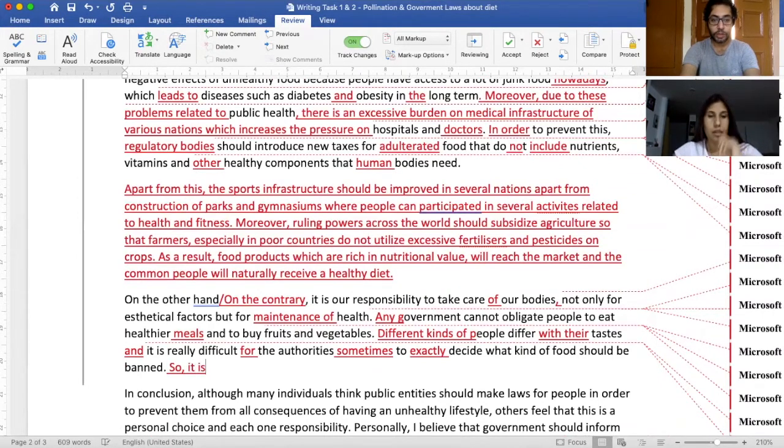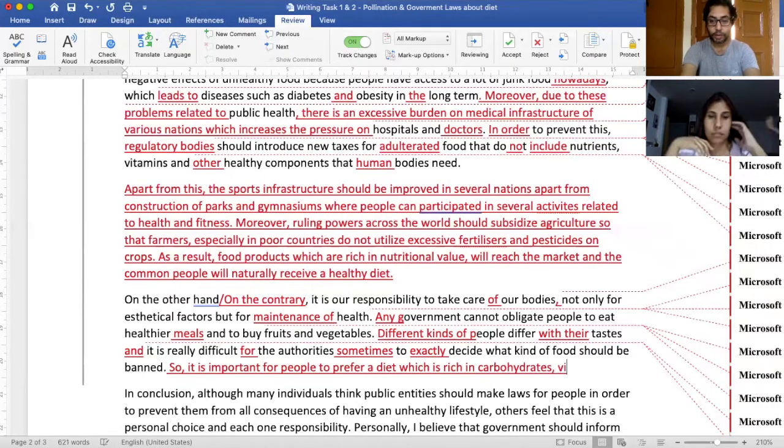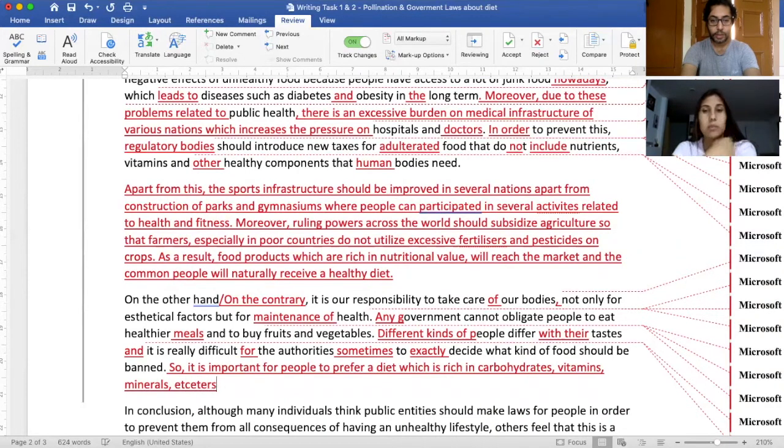Okay. So it is important to prefer a diet which is rich in carbohydrates, vitamins, minerals, etc., by avoiding processed food.